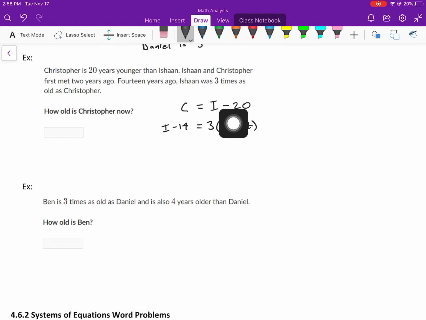I switched up the variables a bit there; it just makes more sense. And then once again, Christopher is Ishan minus 20. Or you could also think of it this way: Ishan is Christopher plus 20, right? A different way to think about it. They're both the same exact equation, though.